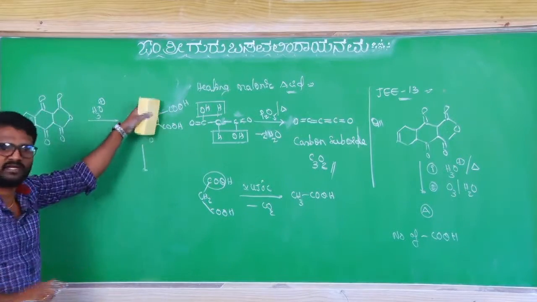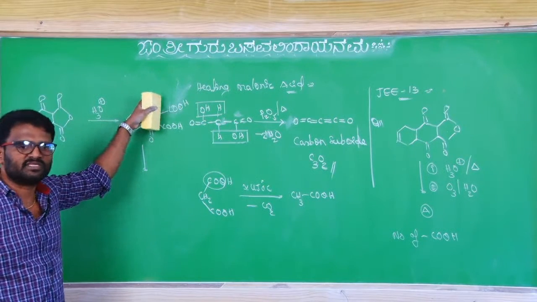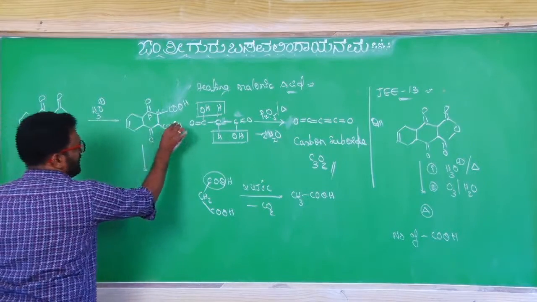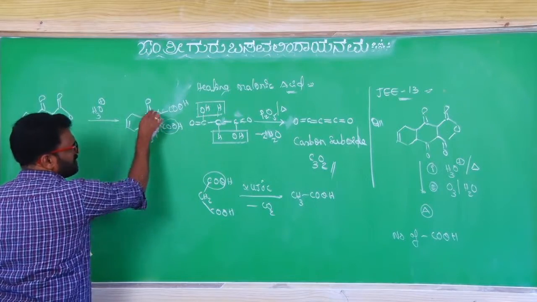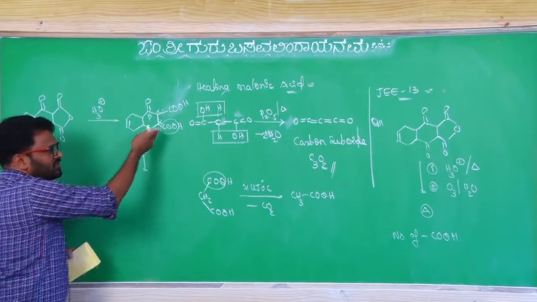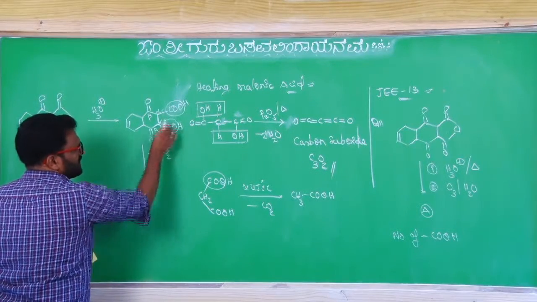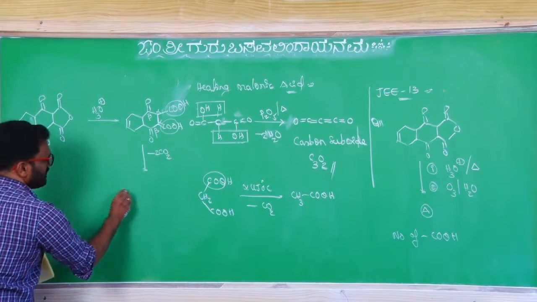Now this is a beta-keto carboxylic acid. What will happen on heating of a beta-keto carboxylic acid? There will be a loss of carbon dioxide. This one is alpha and this one is beta, so now there are 2 beta-keto compounds. On heating, both carboxylic acids will be removed in the form of carbon dioxide.